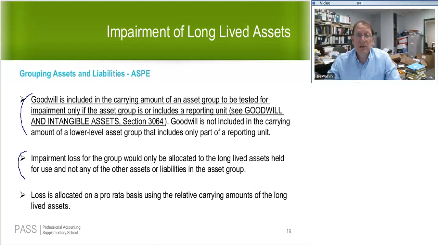That's not inventory, it's not long-lived, neither is accounts receivable. How do you write it down? Oh, really easy. Prorated, but only against the long-lived assets. So you see what we're going to do. I'm going to group the assets in order to determine if we have a write-down, and then if we have a write-down, I'm going to apply the write-down against only the long-lived assets.